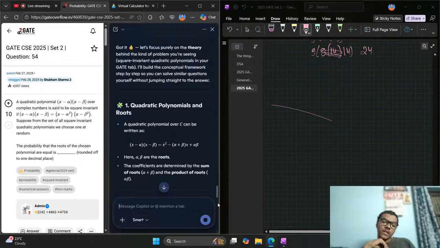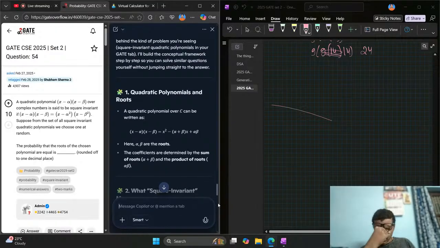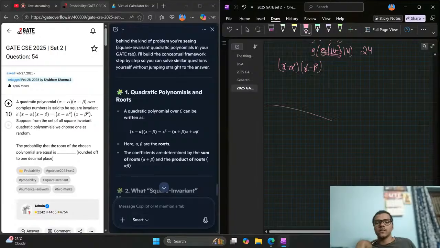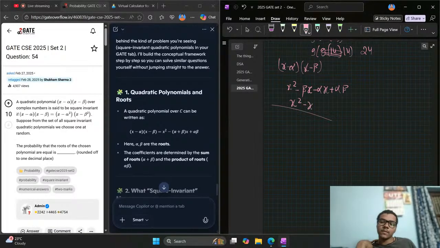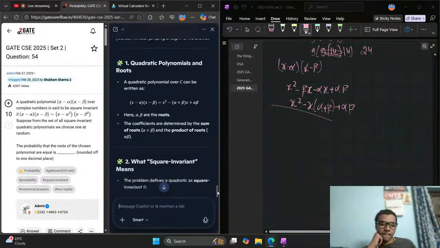A quadratic polynomial can be written as x minus alpha, x minus beta. Let's distribute it as x square minus beta x minus alpha x plus alpha beta. If you take minus x common, alpha plus beta, plus alpha beta. This is 10th class math.